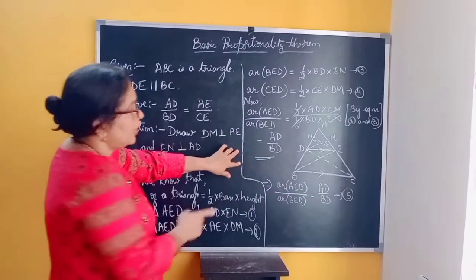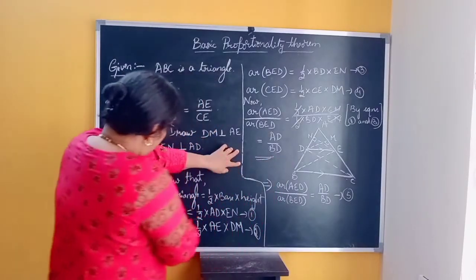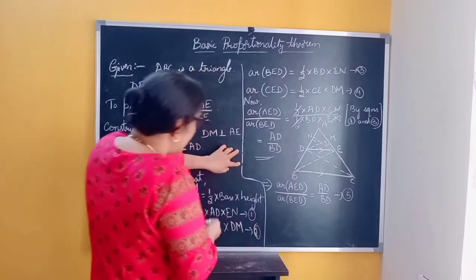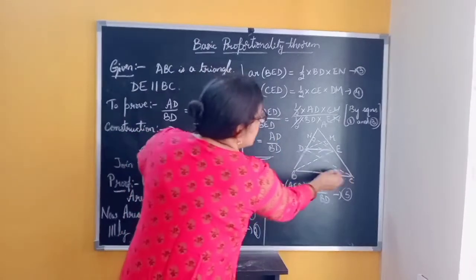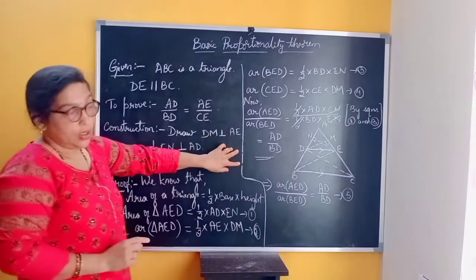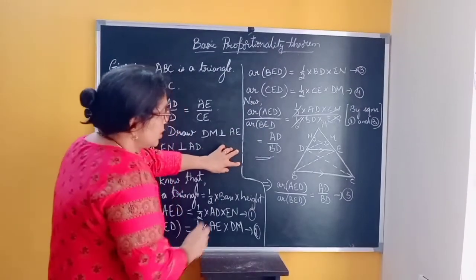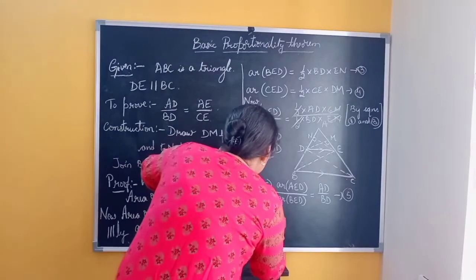Similarly, we can write area of triangle AED divided by area of triangle CED, that is equation 2 by 4.